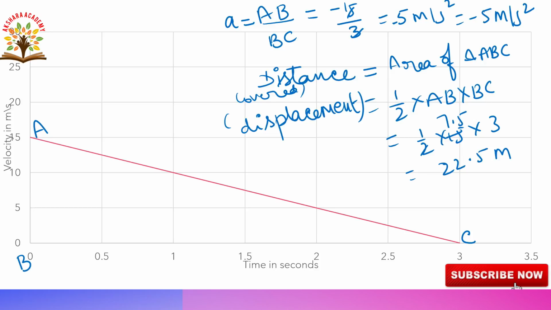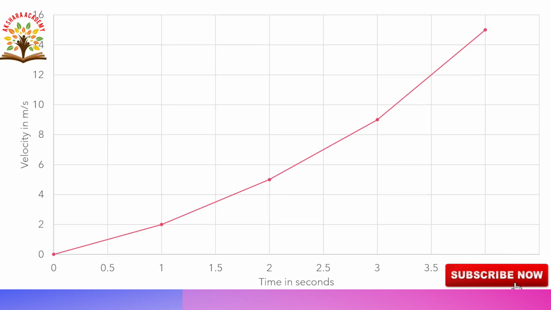These are the three cases when the velocity time graph is a straight line but not parallel to the time axis. Next, the third one is when the velocity time graph is a curve.